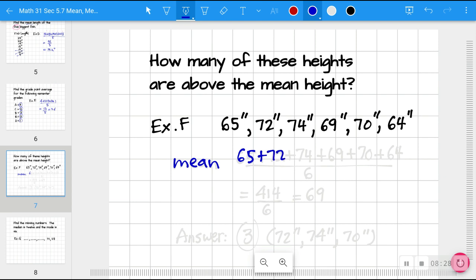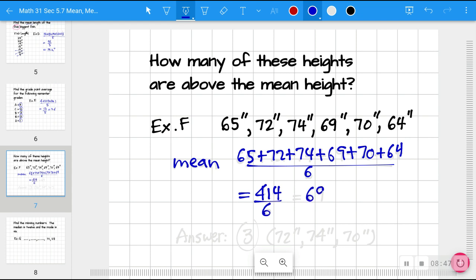65 plus 72 plus 74 plus 69 plus 70 plus 64, and divide in this case by 6 data pieces, and it comes out to 414. When we divide by 6, we get 69, and the ones that are bigger than 69, it says above the average height, would be, looks like 72 is bigger than 69, 74 is bigger than 69, and 70 is bigger than 69.